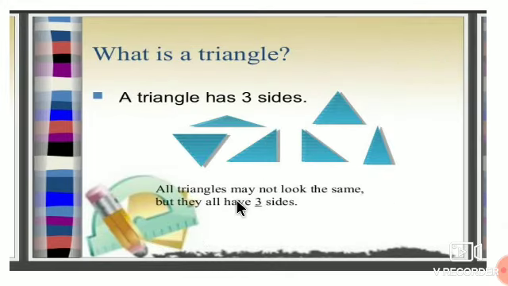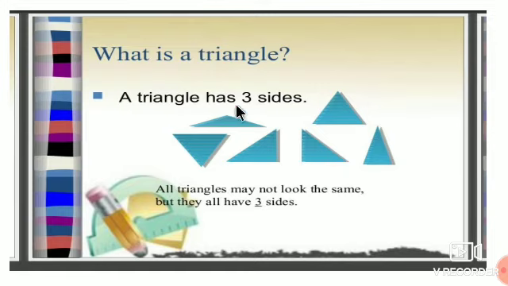Now the last figure is the triangle. The triangle has 3 sides. If you observe these figures of triangles, each triangle has 3 sides. You know that each triangle has 3 angles. And each triangle has 3 vertices.